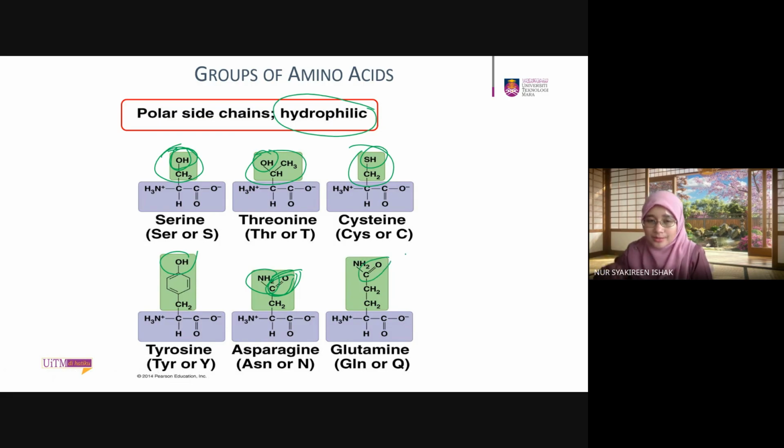That's why earlier in this chapter we looked at the subtopic functional groups, so that you know, okay, if it is hydroxyl it is polar, if it's carbonyl it is also a polar molecule. So by having this type of functional group, it allows the amino acid to be polar, hydrophilic, and attract water molecules.